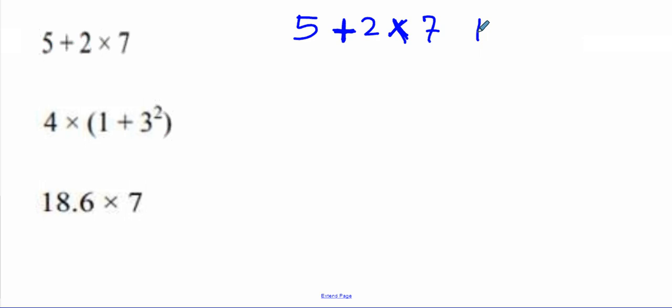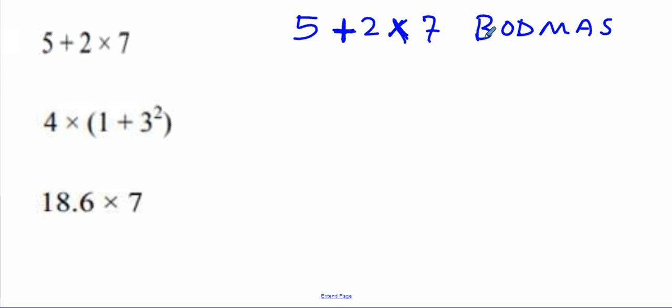So this is where we use BODMAS. BODMAS is a rule which reminds you, especially when you have 2 or more operations in the calculation, which operation comes first.